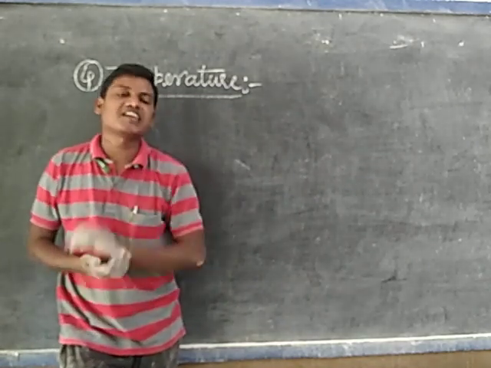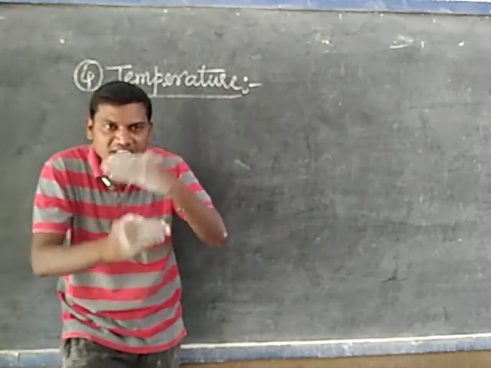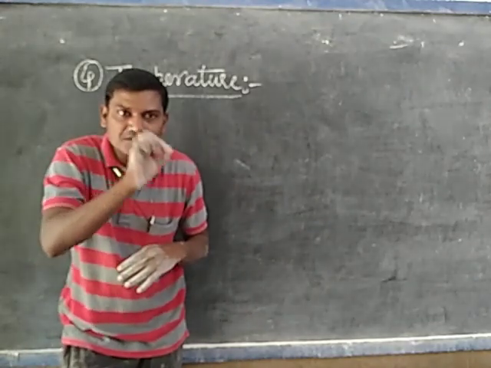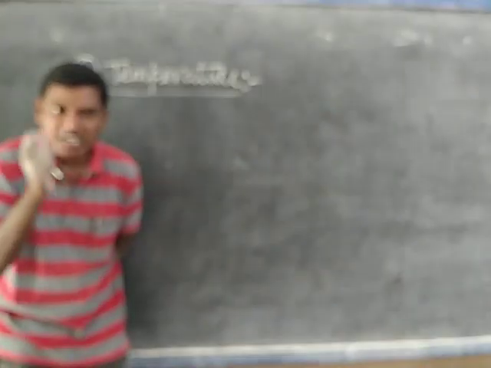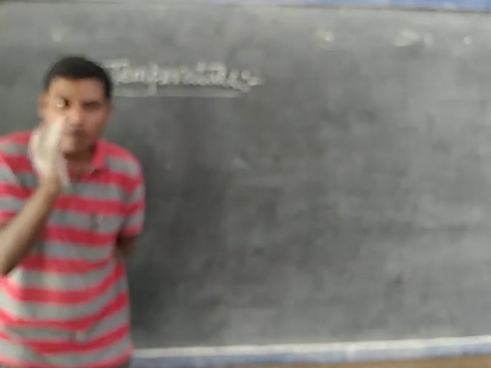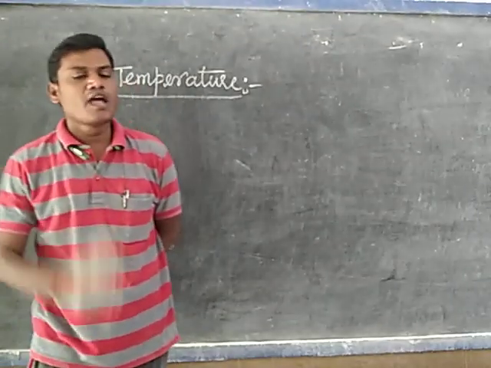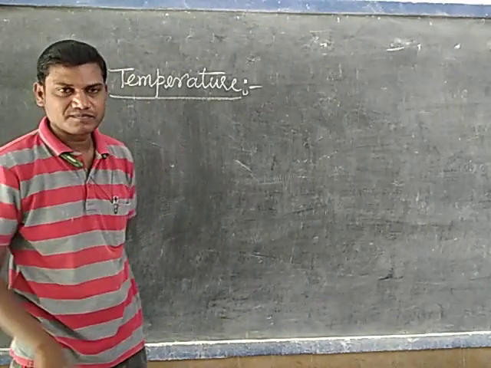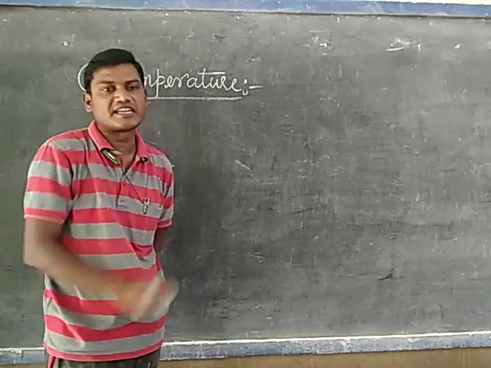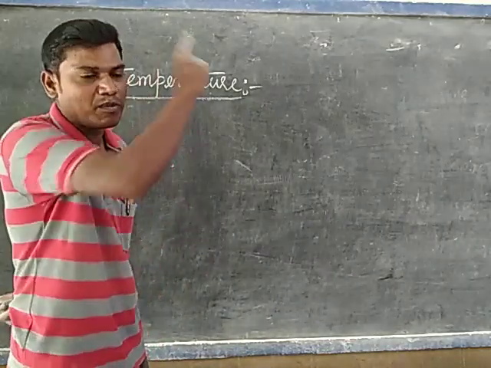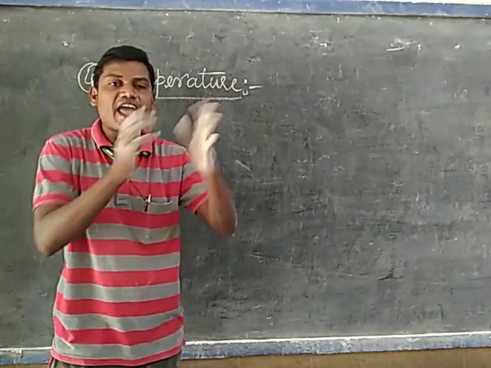For every increase of 1 atmospheric pressure, the melting point of ice decreases by 0.0073 degrees Celsius. Listen very carefully. The melting point of ice decreases by 0.0073 degrees Celsius for every 1 atmospheric pressure increase. But in the case of paraffin wax, the melting point increases by 0.04 degrees Celsius for every 1 atmospheric pressure increase. After that, I am clearly explaining what evaporation is.